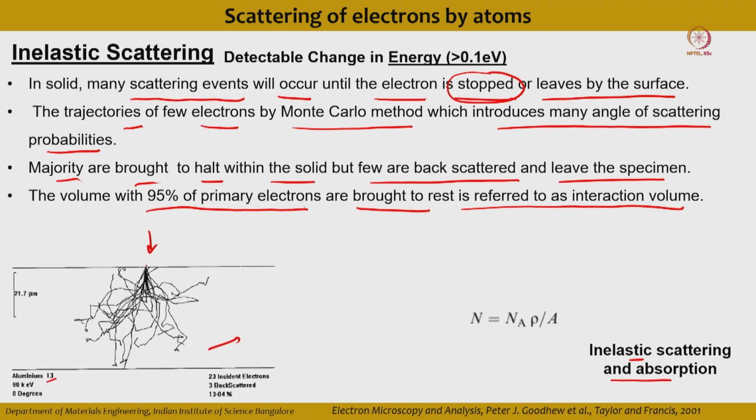The electron travels, scatters, loses energy, travels, and stops at a certain position. Each electron stops at a certain position, and joining these stopping points corresponds to your interaction volume.